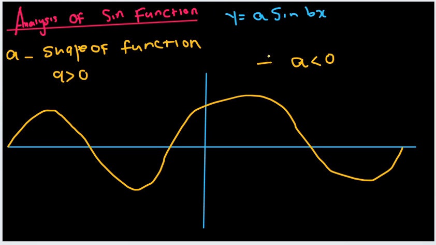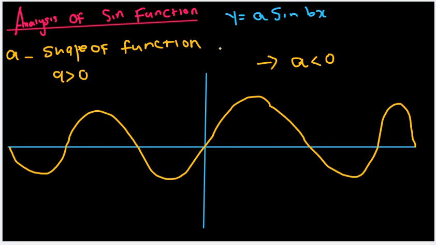Now a being less than 0 will simply change things. Now, if a is greater than 0, this will be the shape. We'll start down here and end up. So this is what a simply does. It just twists the up and down of the shape of the graph, as if the graph is reflecting, just up and down.